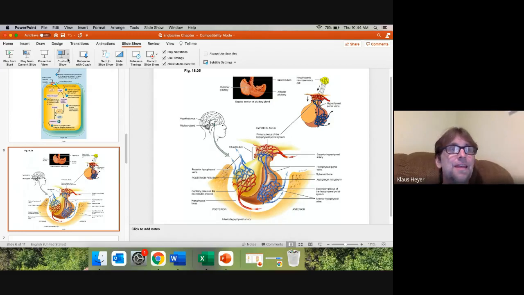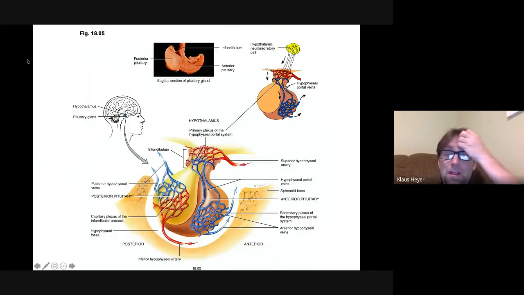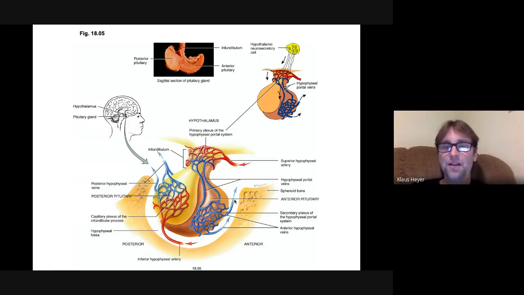Based on that, the anterior lobe makes its own hormones. So it's making 7 different hormones. Which one of the 7 it makes depends on whatever the hypothalamus tells it to. Whichever hormone it makes, it comes out through this blood vessel and goes to different places in the body. Maybe this is bound for the kidneys or the ovaries or wherever, mammary glands.